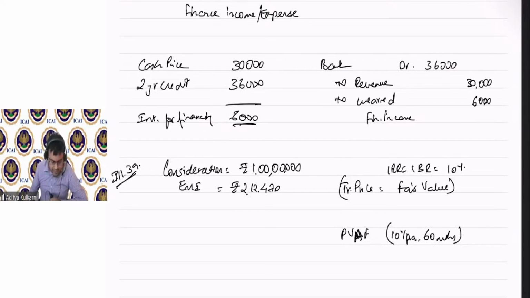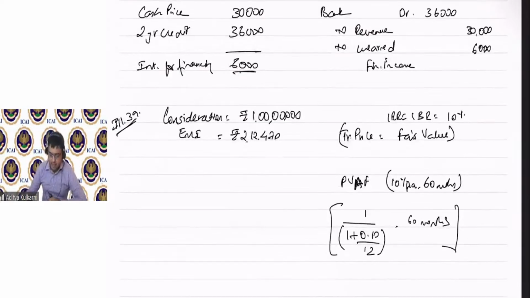That is basically 1 divided by 1 plus 0.10 by 12, for a period of 60 months. 0.1 divided by 12 gives you 0.00833.